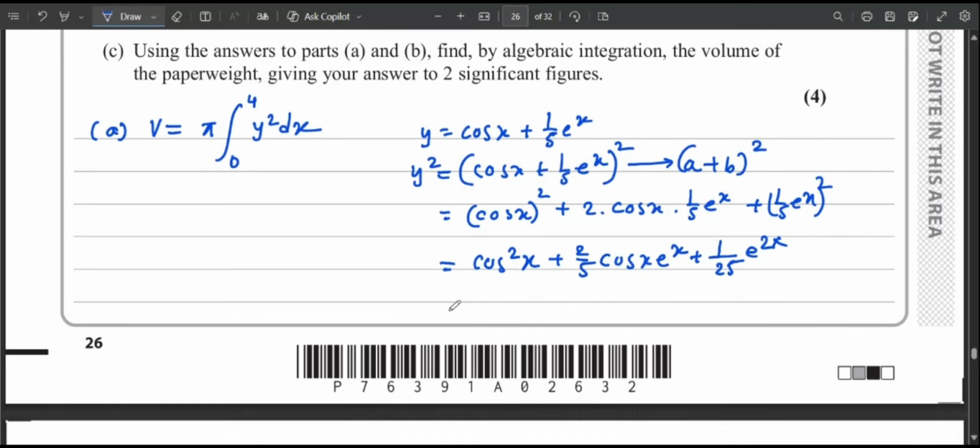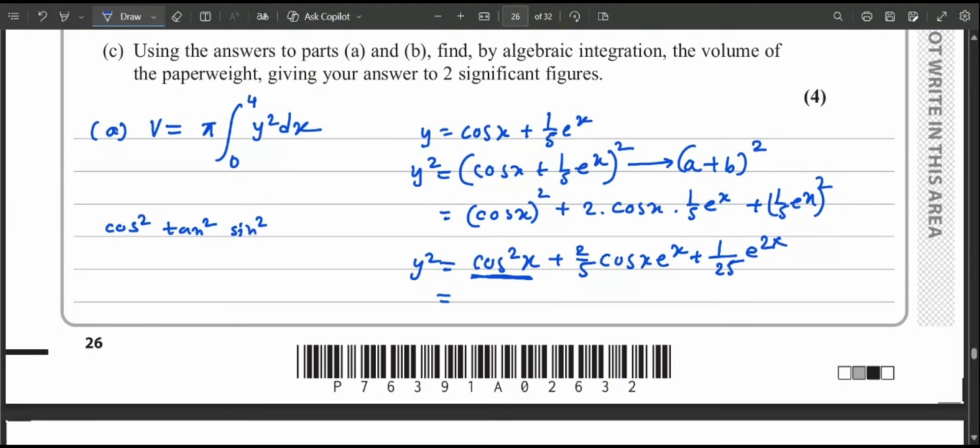Before substituting, we can see that our expression for y square contains cos square x. We know that when a trigonometric function is squared, we cannot differentiate or integrate that function.